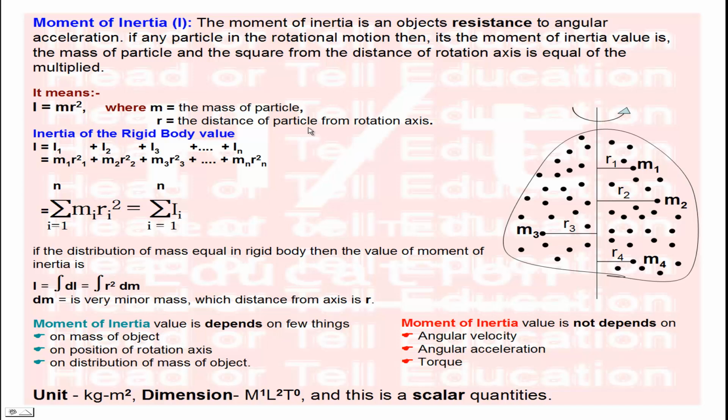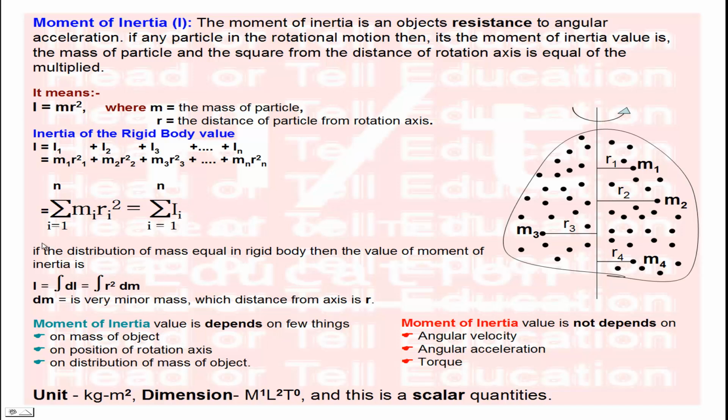This is the sum of all particles' masses multiplied by the square of their distances from the axis. Now we can write it as the summation of i equals 1 to n of mi ri square, which is equal to the summation of i equals 1 to n of Ii.